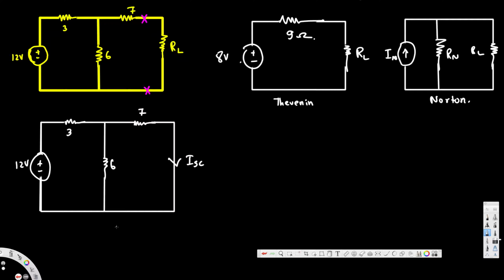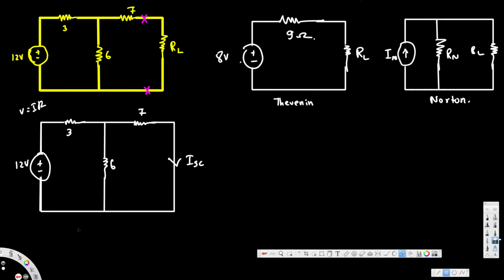Okay, now let's see how we can figure it out. Here we can do the source transformation for this 12 volt source and 3 ohm resistor. 12 divided by 3, because V is equal to IR, therefore I is equal to V over R, so 12 divided by 3 is 4 ampere. So here we are going to have 4 ampere. Okay, let's redraw another circuit.